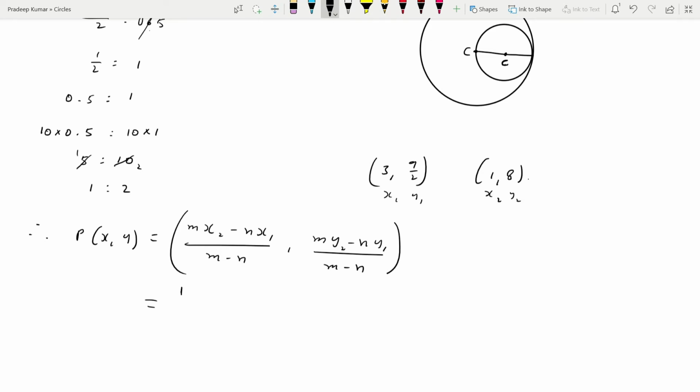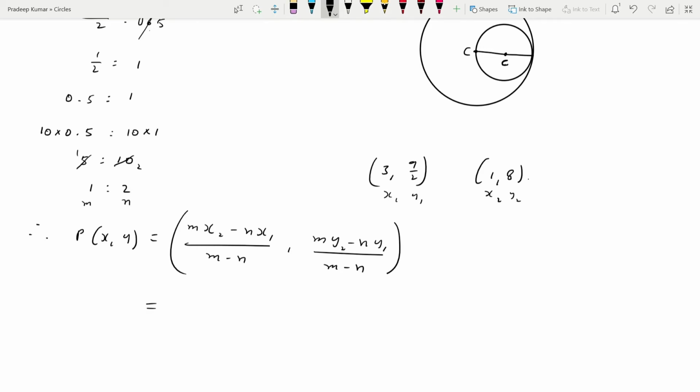Sorry, we have written it as n, so the 2 is n and m is 1. So let's substitute the m and n values, and also the x1, y1, x2, y2 values in this formula and find the value.